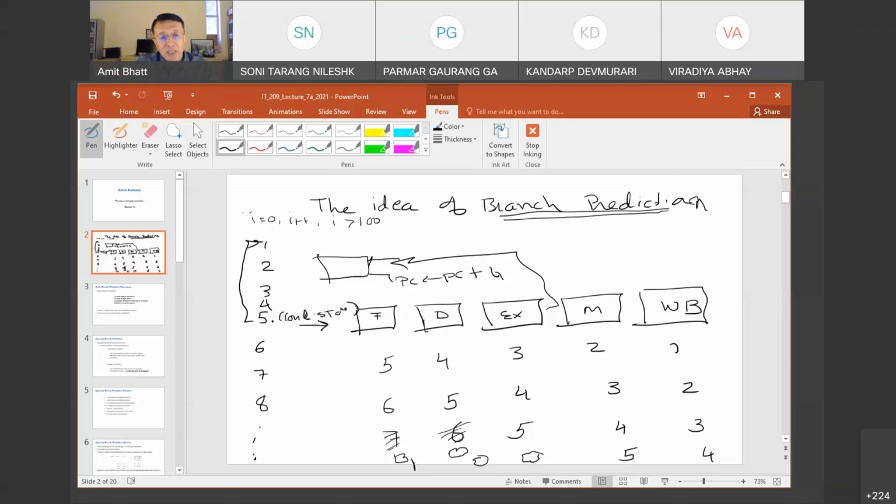You just come here, and after 5, you ask your predictor, should I go back to 1 or should I go to 6? And that predictor would give you one answer. It is not a very smart predictor. When I say it is a static predictor, it means it does not learn anything about what is happening to branches, which way the branches are resolving.